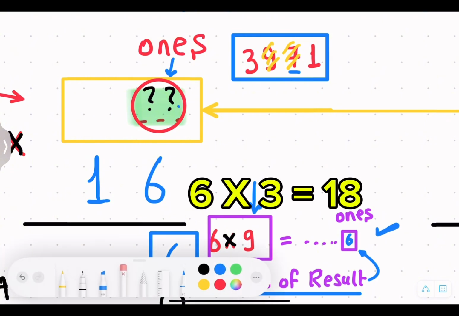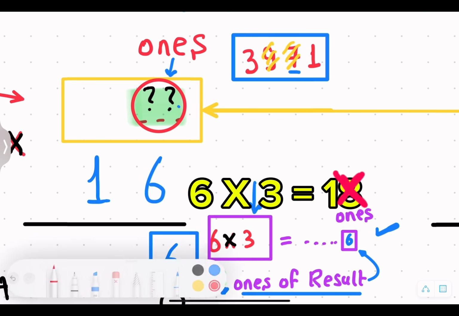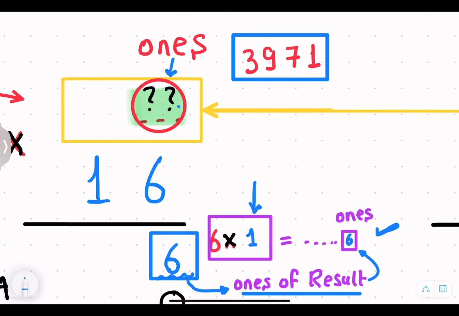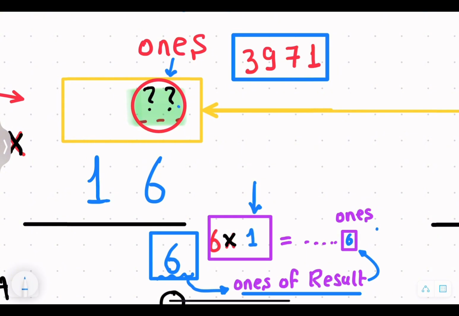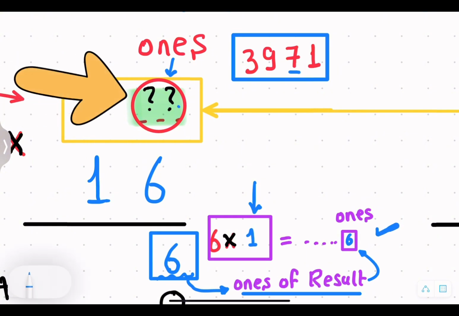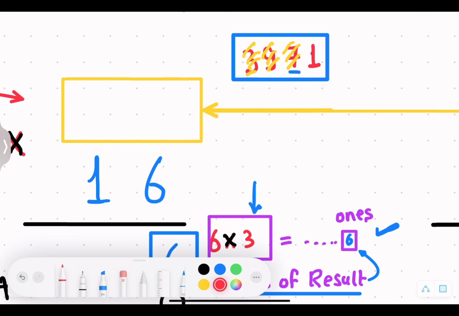And if we multiply 6 by 3, the ones digit of the result will be 8, as 6 times 3 is 18. So this 3 is not used. Or if we multiply 6 by 1, the result will be 6. Okay, now I know that the digit I need, which will be written here, is 1. Or the ones digit of the powers of 3 is 1.